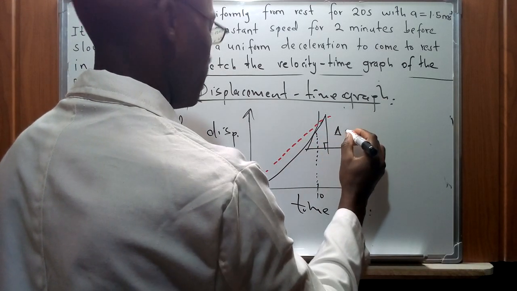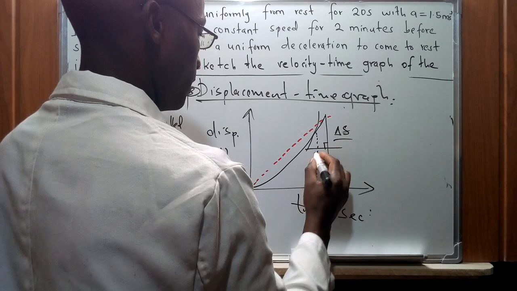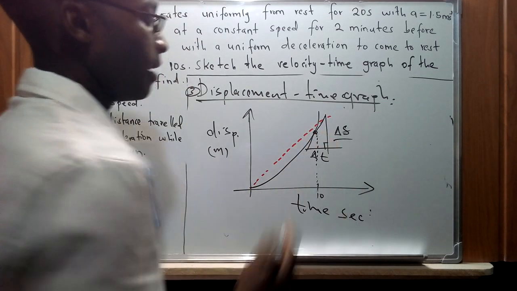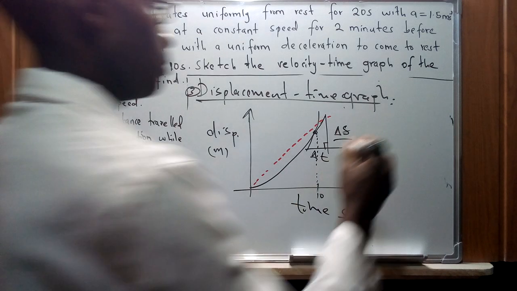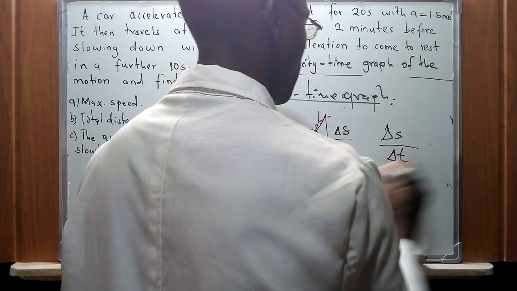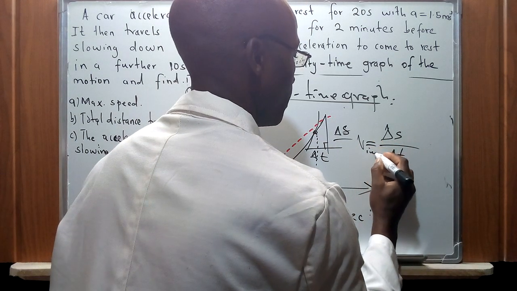This is change in displacement, and then this is change in time. So for us to find velocity at that particular point, it is the change in S over change in t. Now this is known as instantaneous velocity.